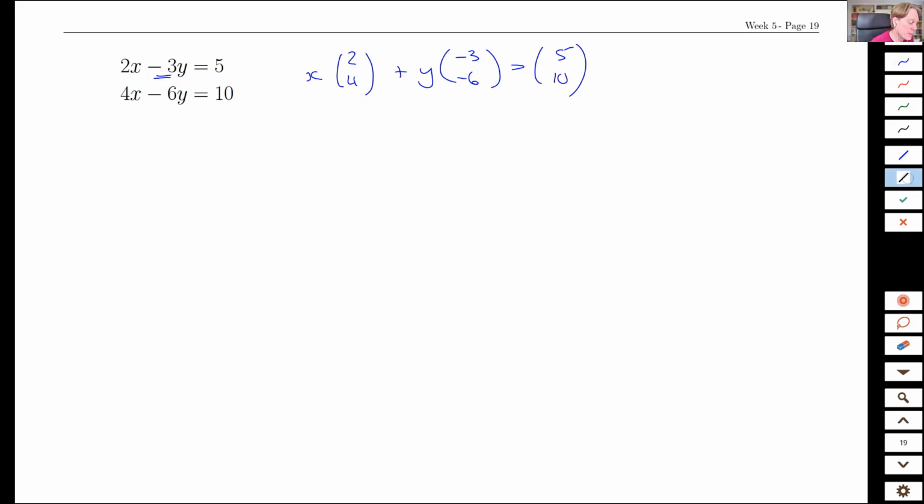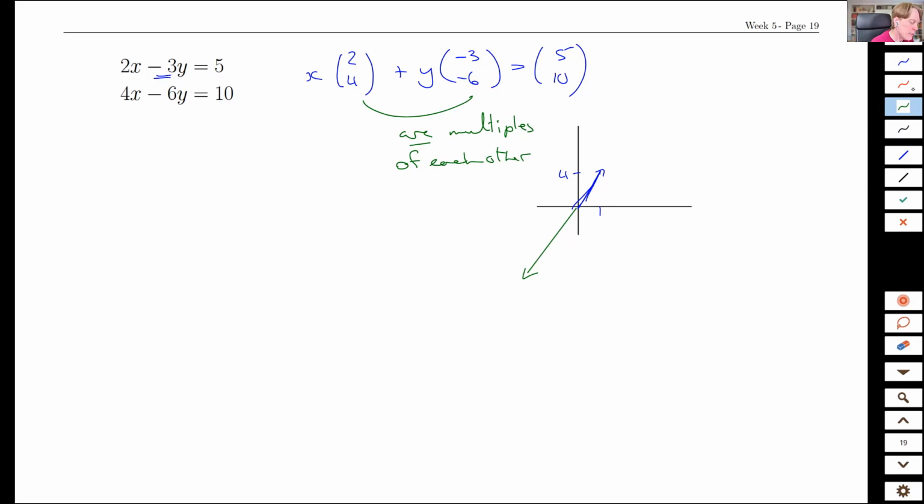So a quick sketch of this scenario tells us that we have the vector 2, 4. That's our 2, 4 vector. We also have the vector minus 3, minus 6, which is a multiple of that. So these are multiples of each other.